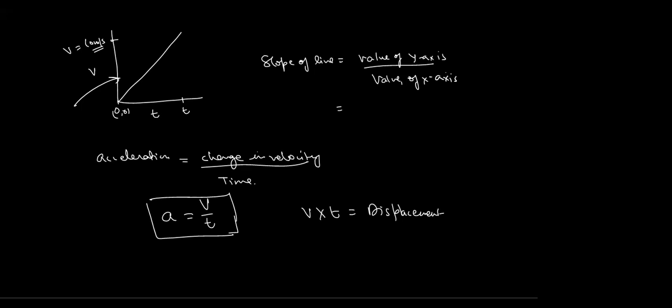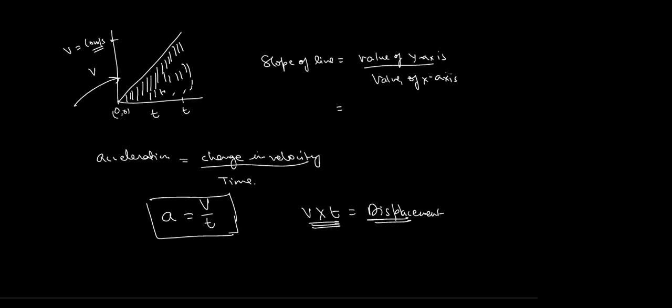If I need to calculate the displacement of this graph, you have a graph and you want to calculate the displacement, what will the displacement be? The displacement will be the area under this graph. Whatever value comes, the area under this graph will give you.